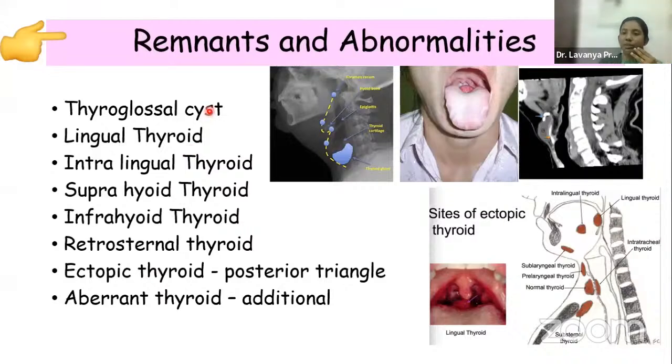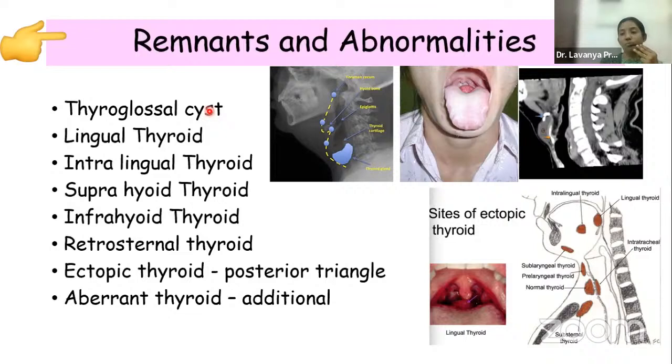As I told you, if there is any abnormality or disturbance in the formation of this process of development, for example, in the surface elevation, or during the process of evagination, or in the process of regression, it results in some congenital anomalies.